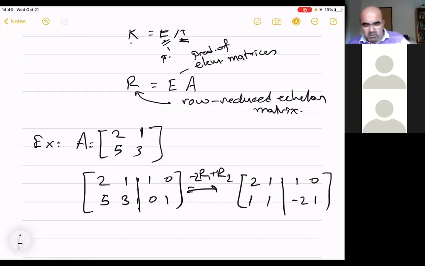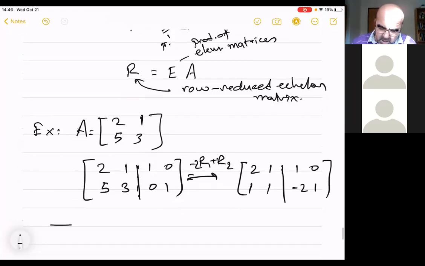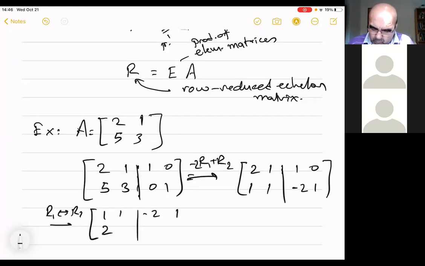Then interchange row 1 and row 2, which gives 1, 1, -2, 1, and 2, 1, 1, 0.